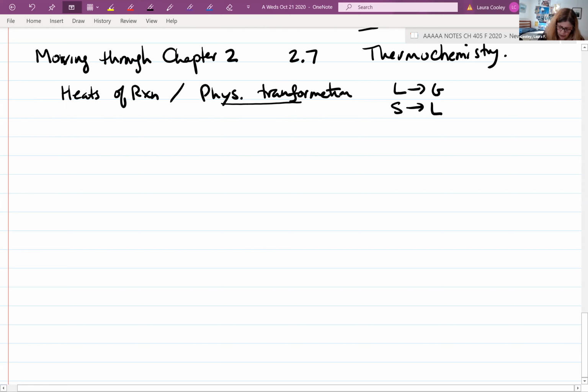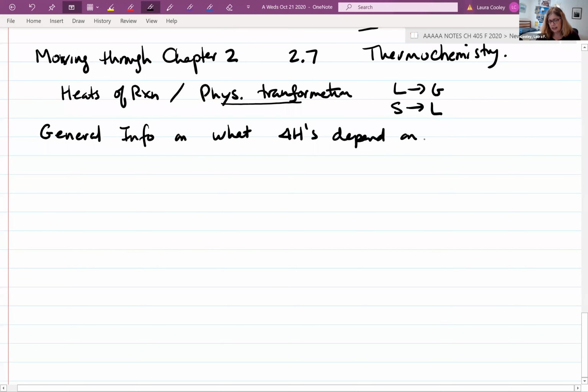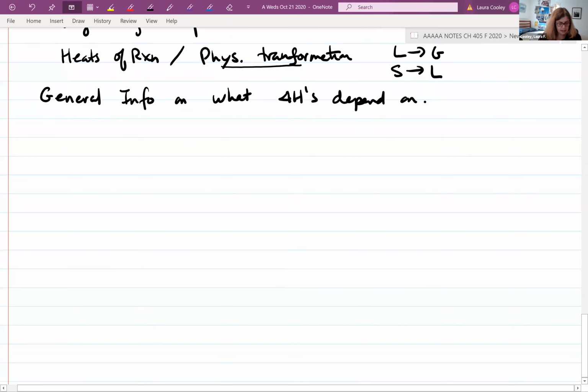So what I want to do first is give you some more general information on what enthalpy changes depend on. Some of these things are pretty obvious, and some are not as obvious.